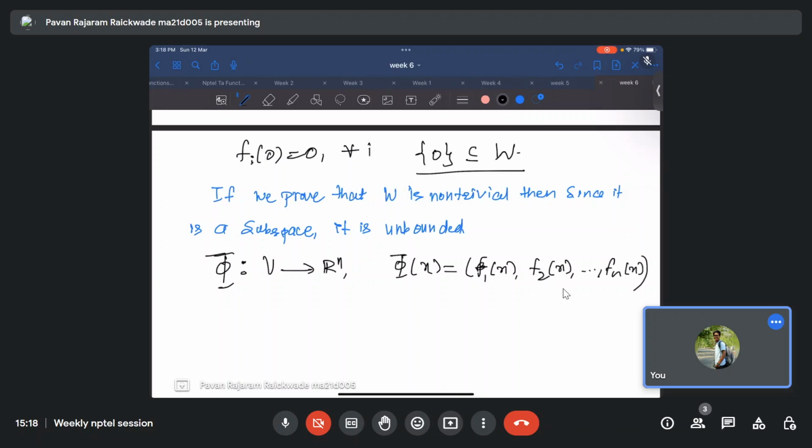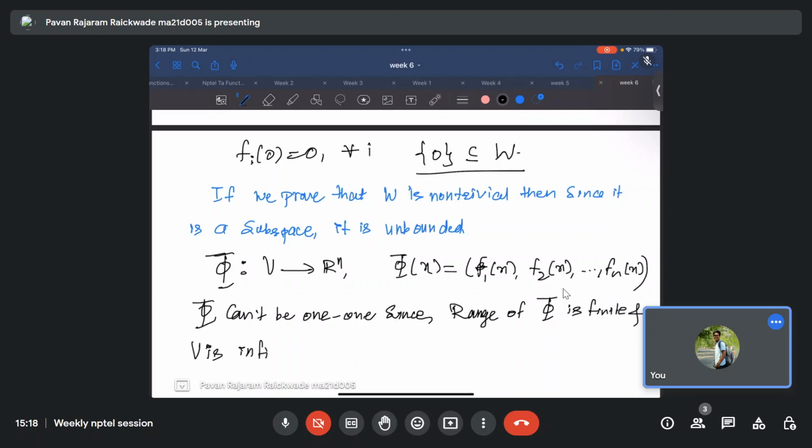Now this mapping cannot be one-one, since the range of phi is finite and V is infinite dimensional.